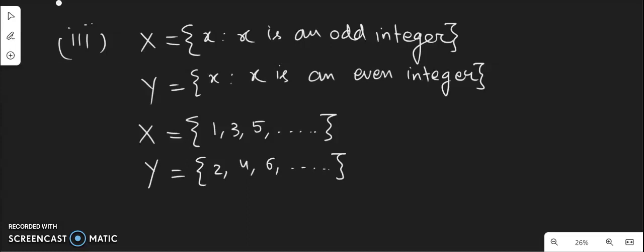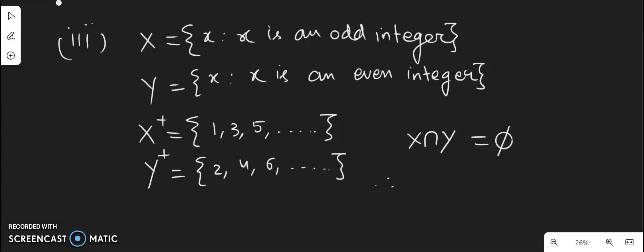It is not mentioned whether it's a negative or positive integer, so it's going to be plus minus 1, plus minus 3, plus minus 5, plus minus 2, plus minus 4, plus minus 6, and so on. Right now I'm taking only positive integers, let's say. Now, if you see, there is nothing in common. So X intersection Y is completely the null set phi.